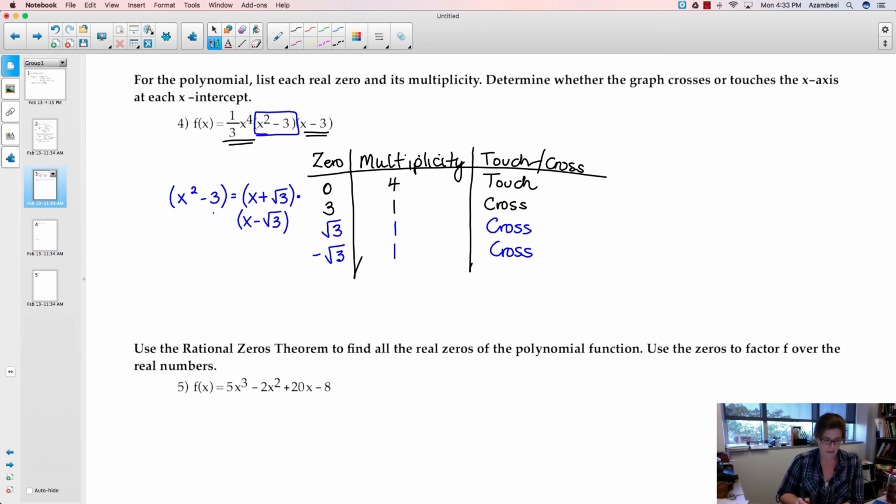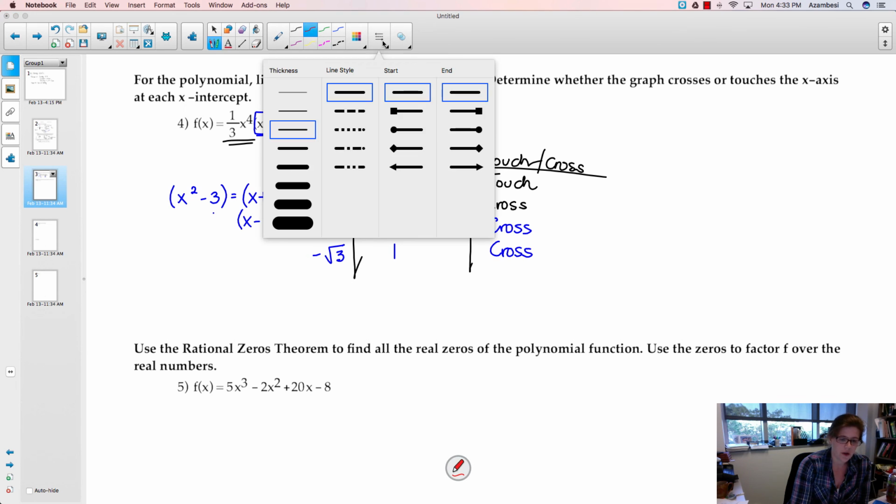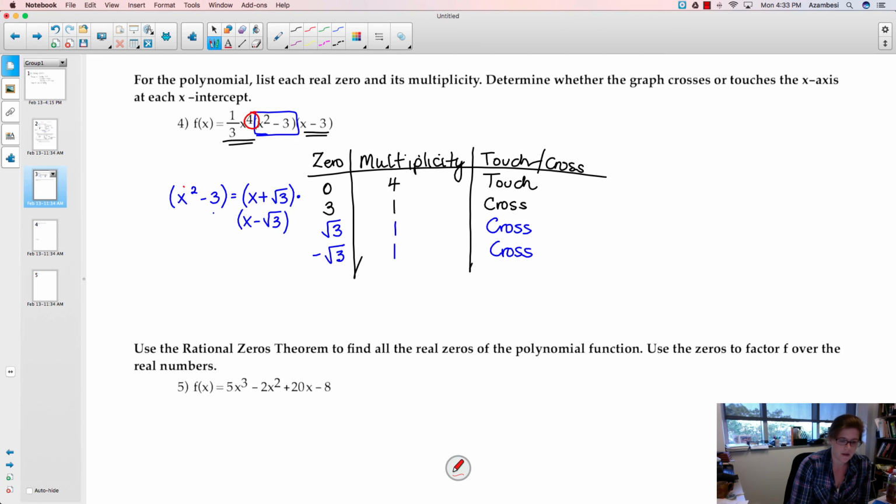Now if I were thinking about actually graphing this thing, I'd need to take into account what the total degree of the polynomial would be. So if I'm looking for total degrees here, I have 4, 2, and an understood 1, a 7th degree function.